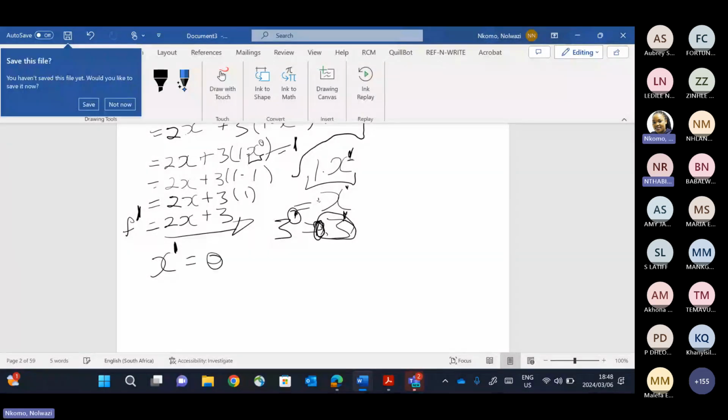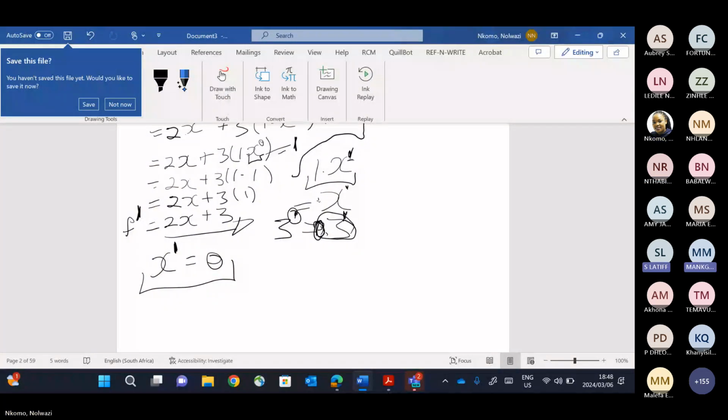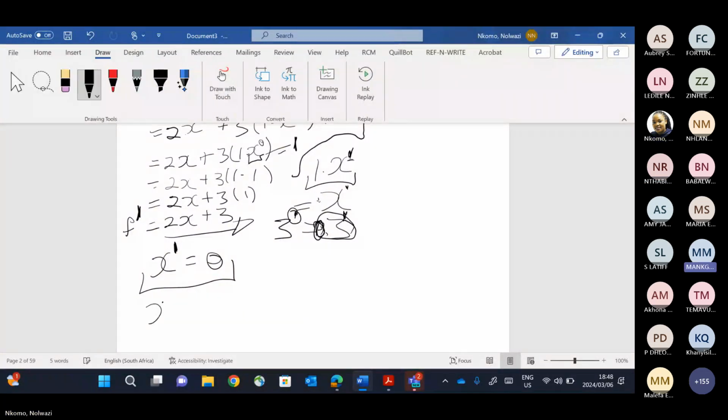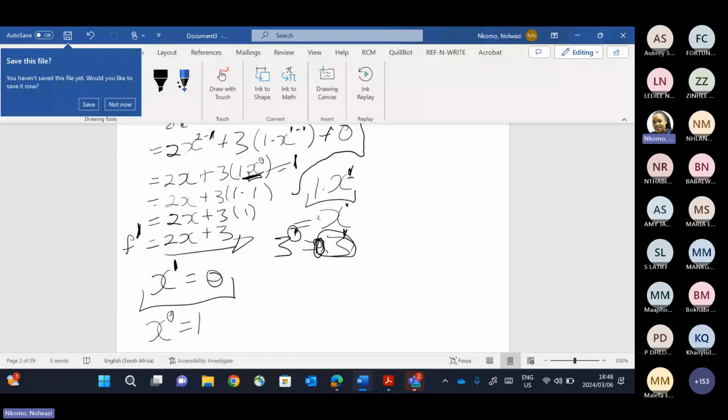Where did you take this from? Or you meant x to the power 0 is equal to 1? X to the power 0 equals 1. That's what I used here. That's why I have 1 times 1. Remember, I had 1 times x to the power 0. Then I said this is equal to 1. That's why I have 1 times 1.